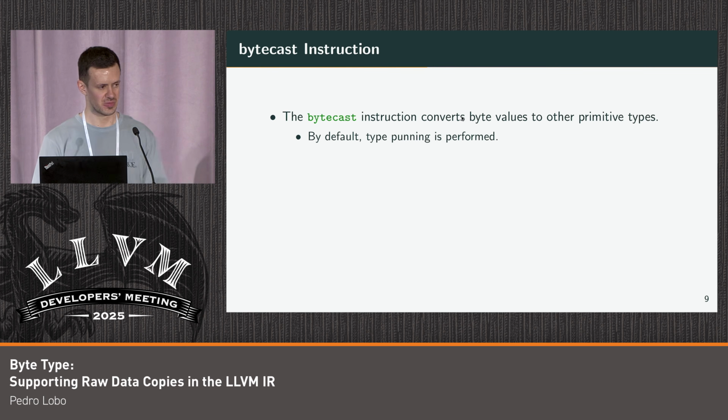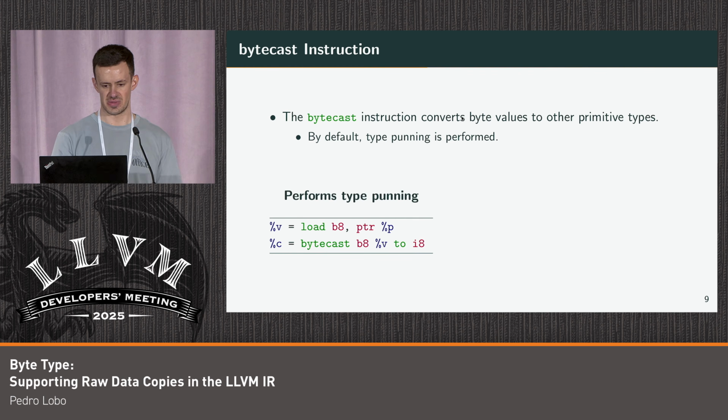We also add a new byte cast instruction, which allows conversion of byte values to other primitive types. We allow two versions of the cast. By default, the cast performs type punning, which means that it reinterprets possible pointers as integers by discarding their provenance.